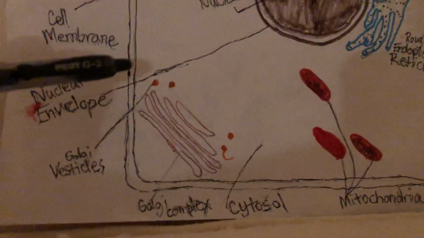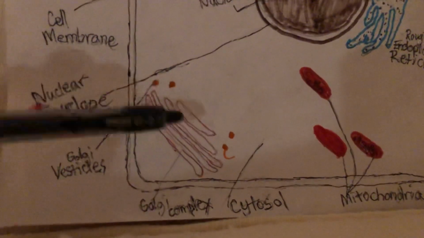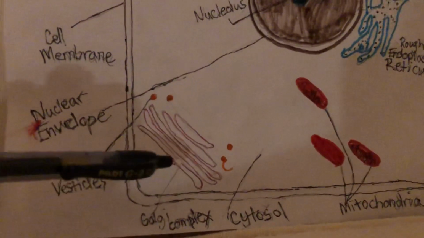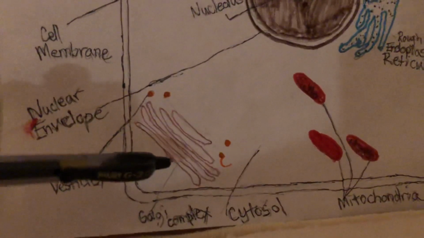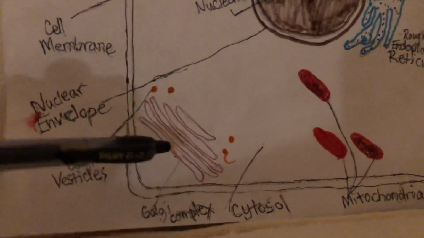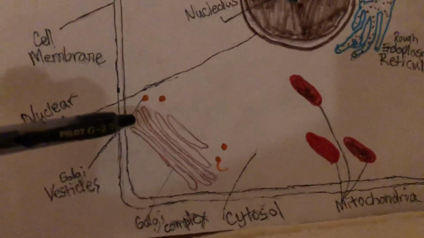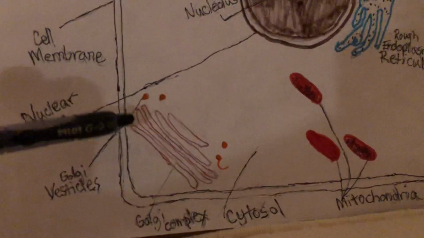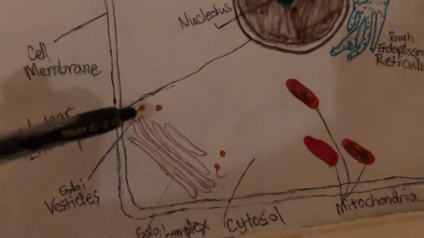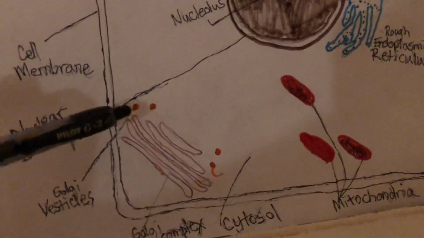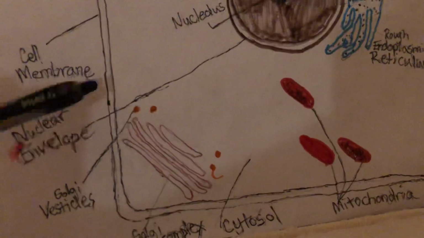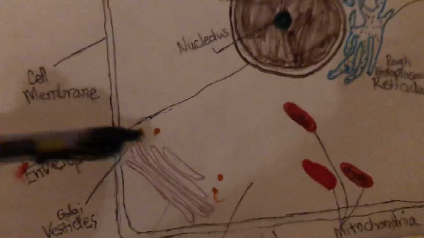The next thing are the Golgi vesicles. So if the Golgi complex prepares the proteins, gets them ready to be shipped, then the Golgi vesicles are what basically ships those proteins, just ships them. And as you can see, there are Golgi vesicles all around in the neighborhood of the Golgi complex.